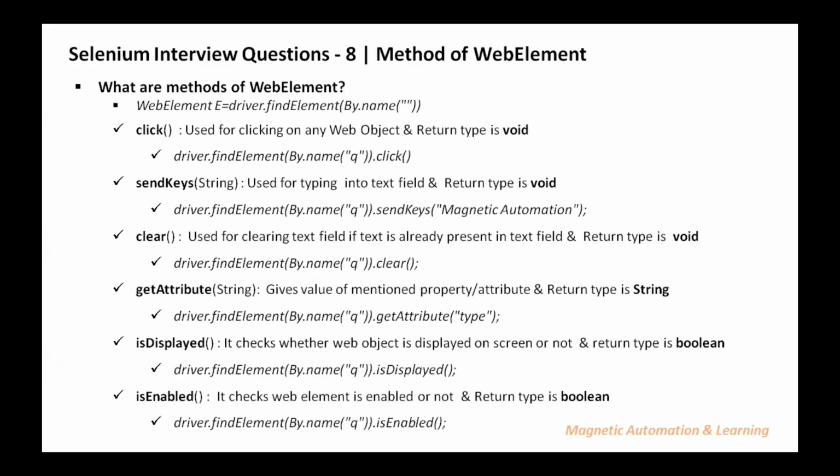Same way, if the object is displaying on the screen, whether it is enabled for doing some operation, like click, type, select, any operation, that will be checked by the is enabled method. Return type is boolean. It will return true if it is enabled, and if it is disabled, it will return false.